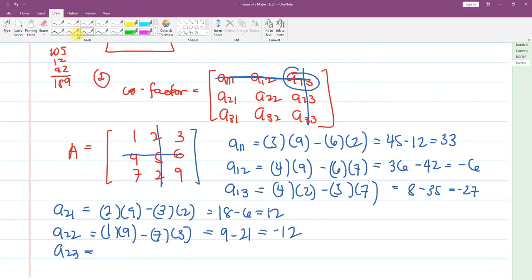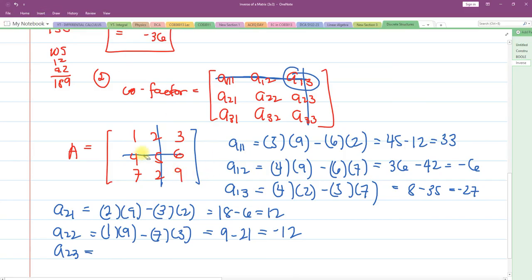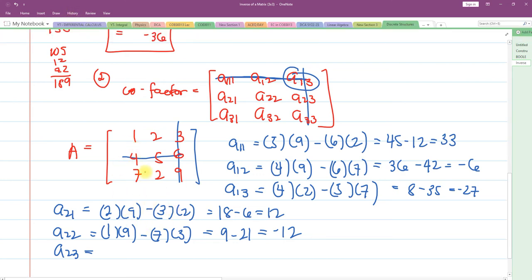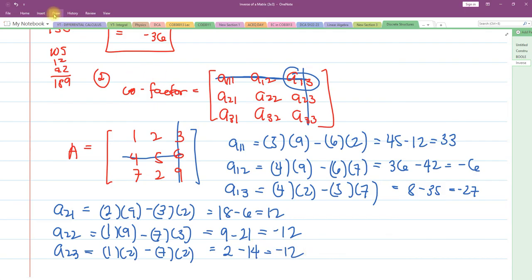You have A23. For A23, we are going to just cross out still row 2 and then column 3. So what we are going to do here is, again, get the determinant. So you have 1 times 2 minus 7 times 2. So you have 2 minus 14, which is negative 12. Alright?